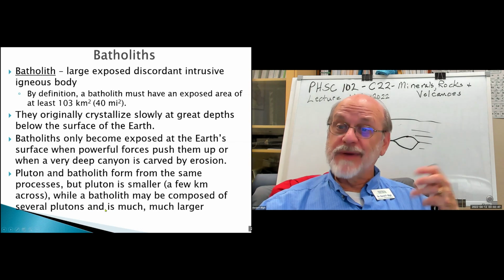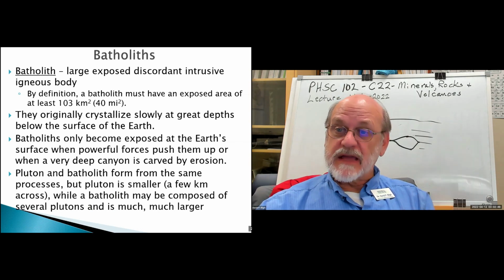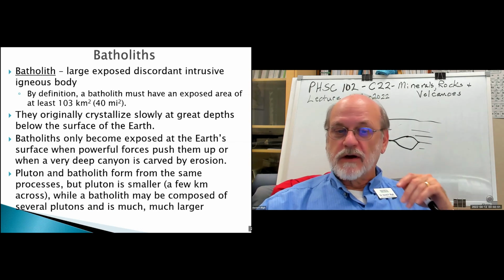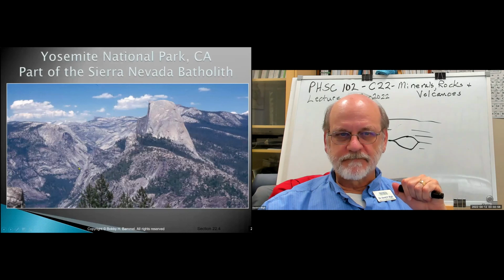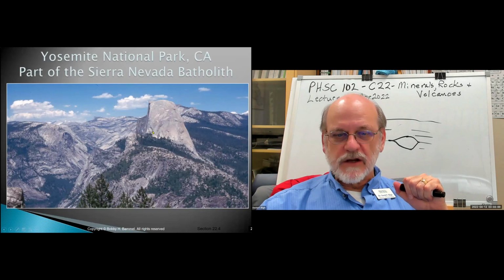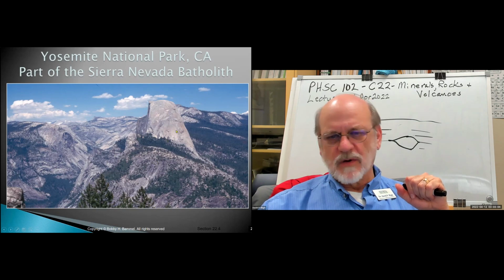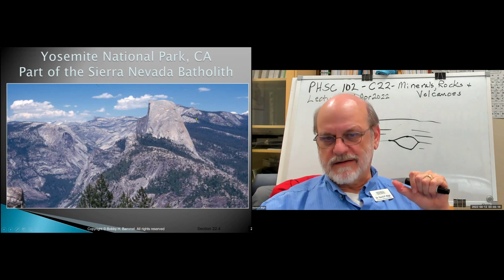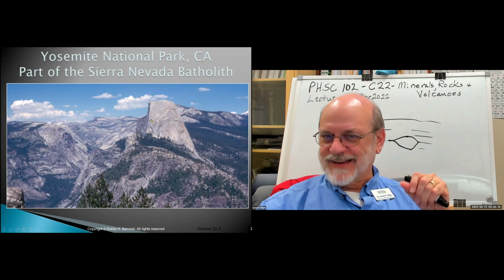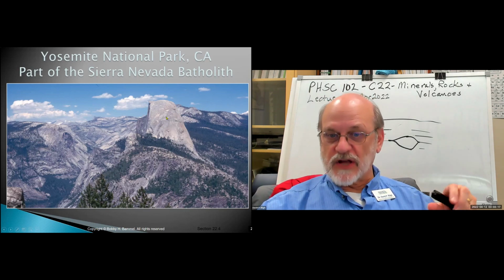Several plutons may emerge from a single batholith. So here's a pluton in the Sierra Nevada. Well, actually, the batholith is this whole area, and you can see individual knobs on it, which I would consider to be plutons.